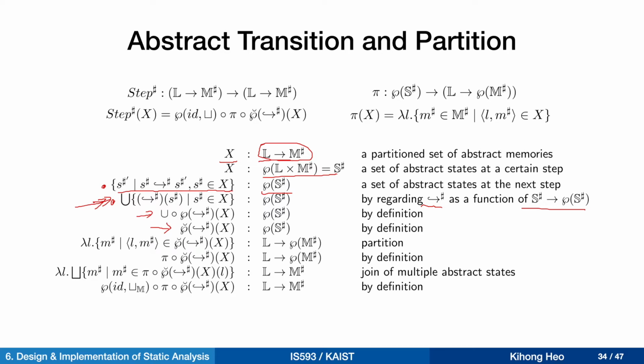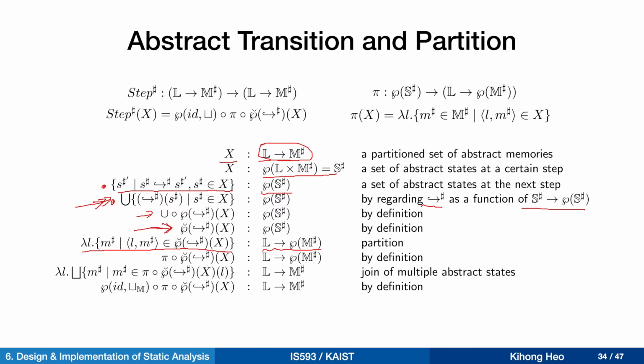And then what is the next? Next, we want to partition the set of abstract states and make a set of abstract memories per label, right? So we transform this set to this map. This expression describes that part.